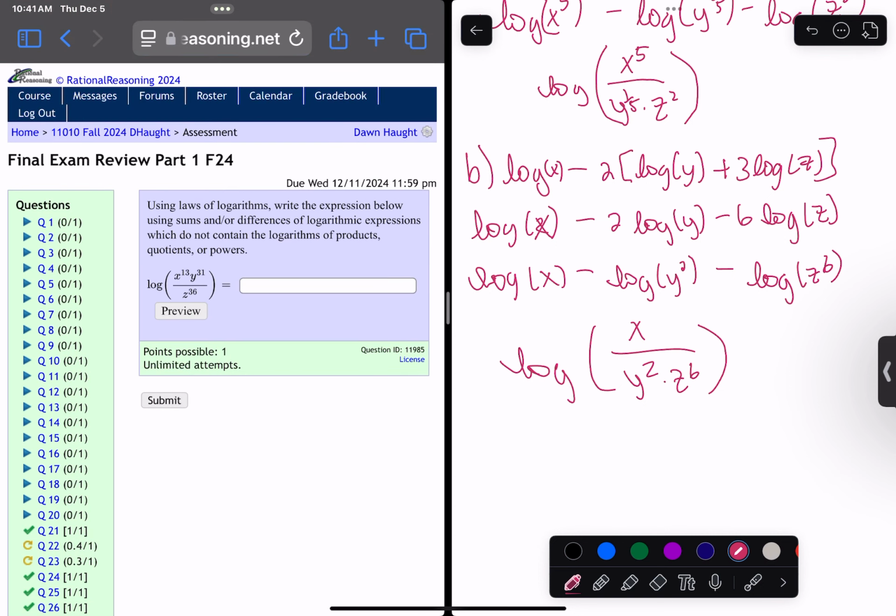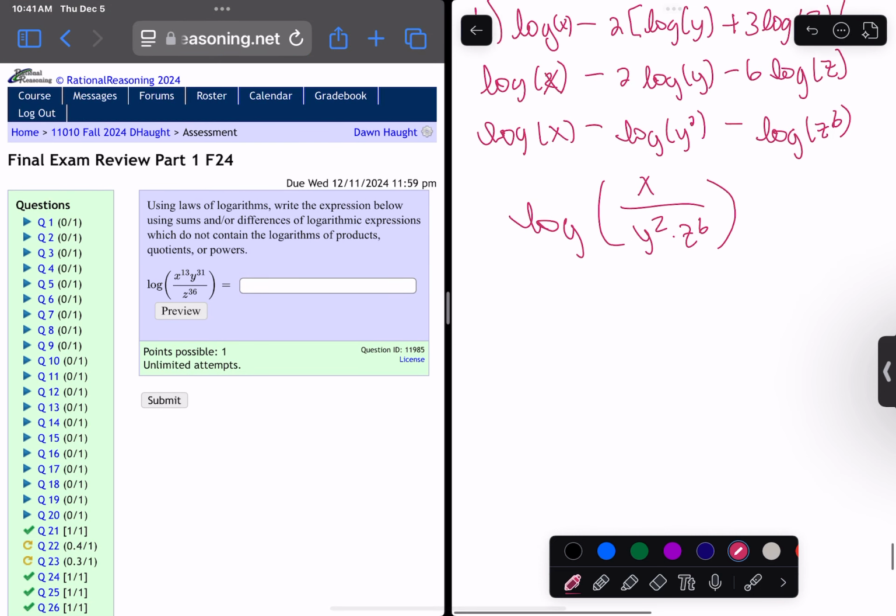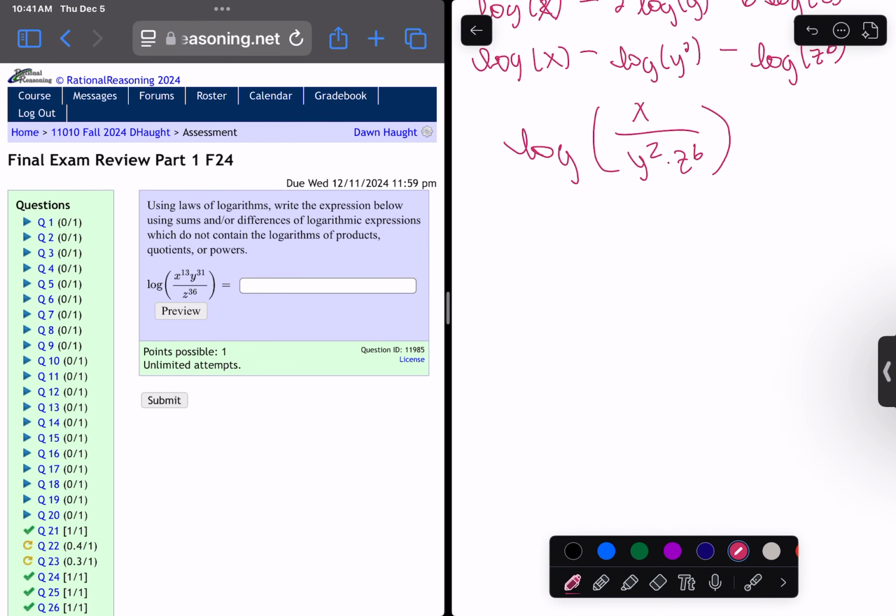Let's look at 37. Now in 37, we are coming back and doing the opposite. We're expanding it, okay? So we're going to do the log of all the pieces on the top, and they are going to come separate. They have to be multiplied together. They're going to have their own logarithm with a plus between them.